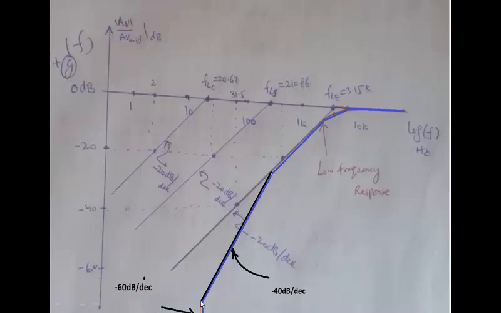At that third breakpoint, the response would decrease at an even faster rate of minus 60 dB per decade. So this curve indicates the approximate asymptotic response due to the three filter capacitors.